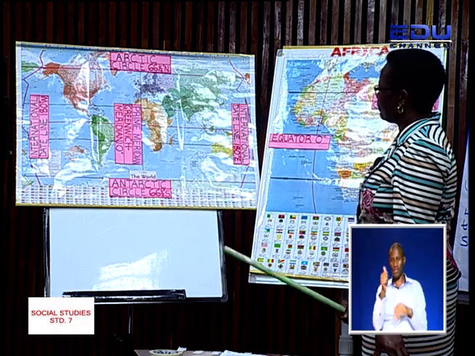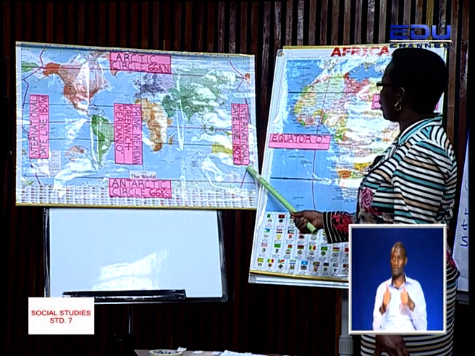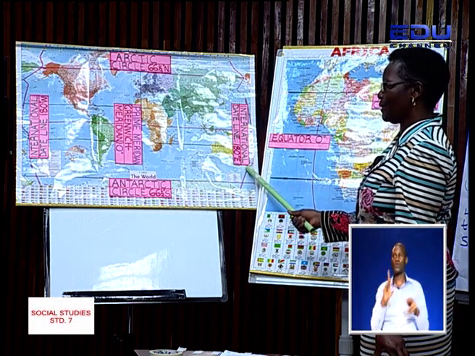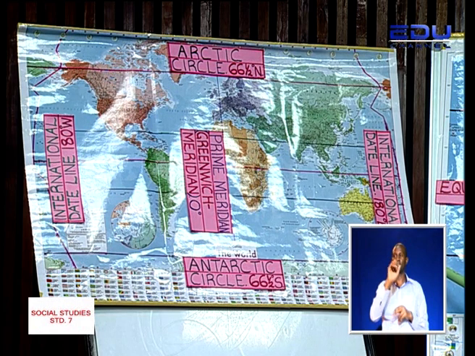Another major line of longitude is the International Dateline at 180 degrees. This line does not pass over the land. This line passes over the water.